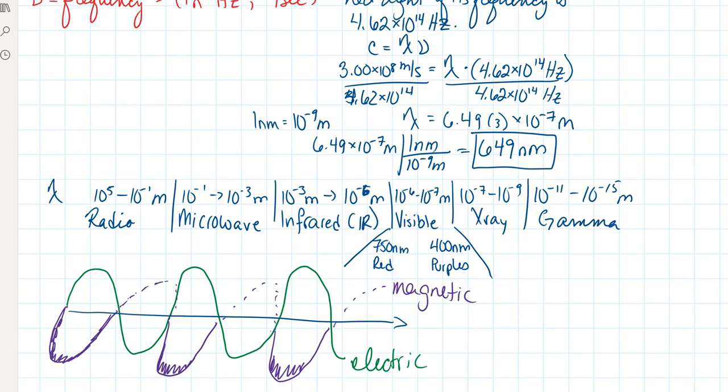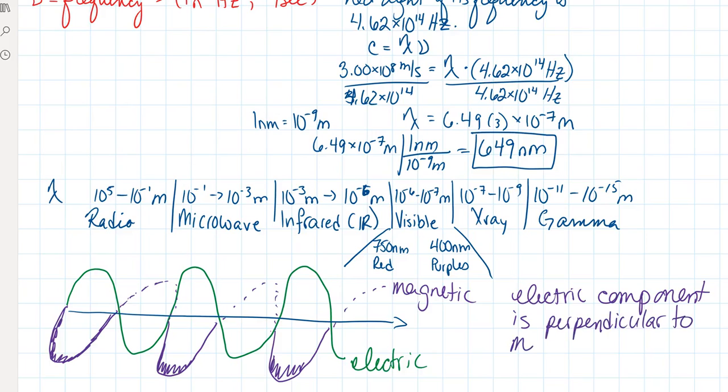So when we have this set up, we'll see that the electric component is perpendicular to the magnetic component. This will be a little bit more important when you get into physics, but I wanted to go over this real important piece in this course.